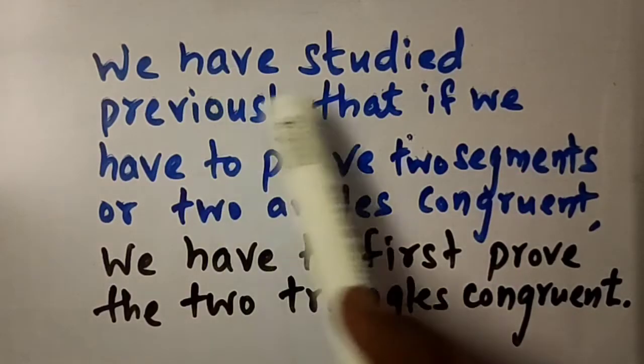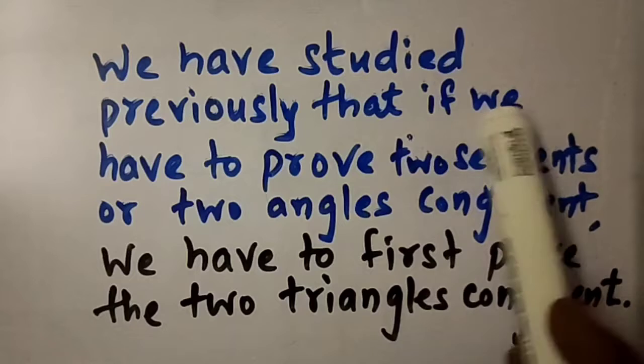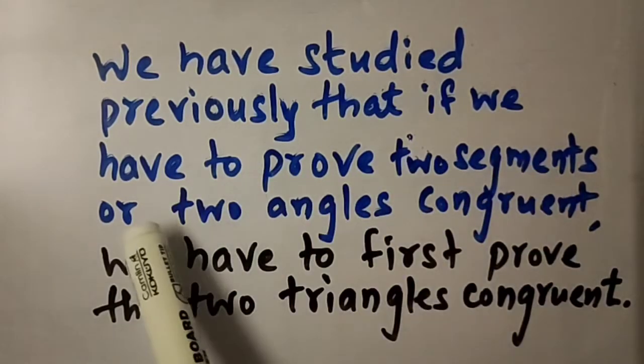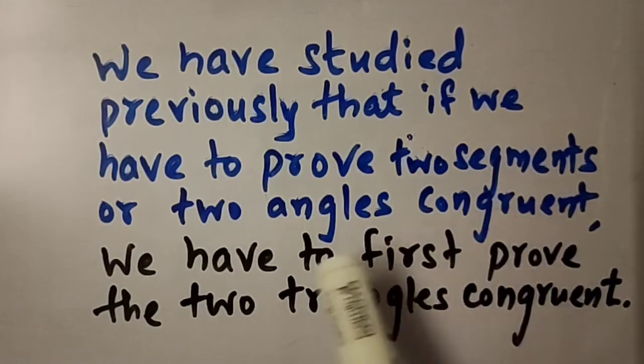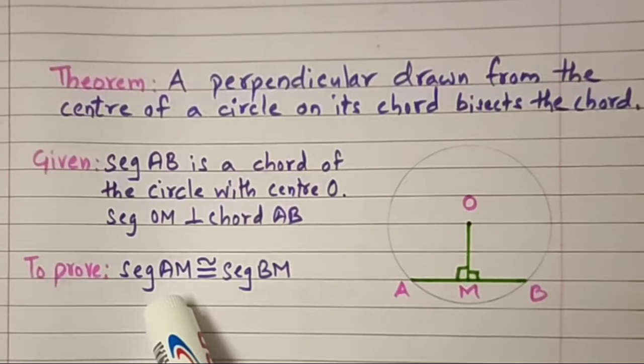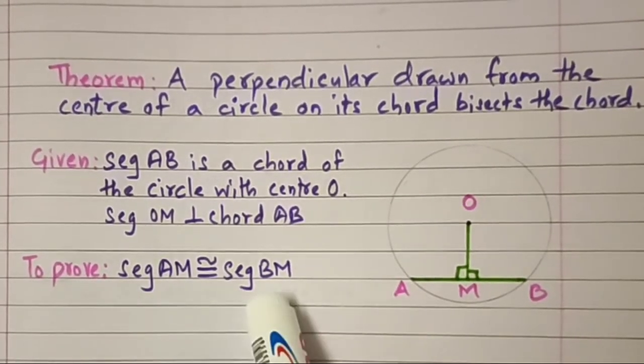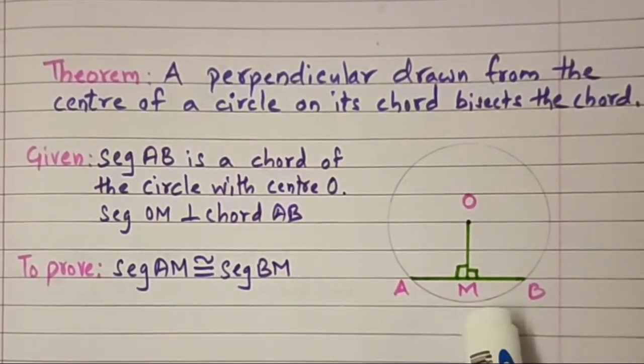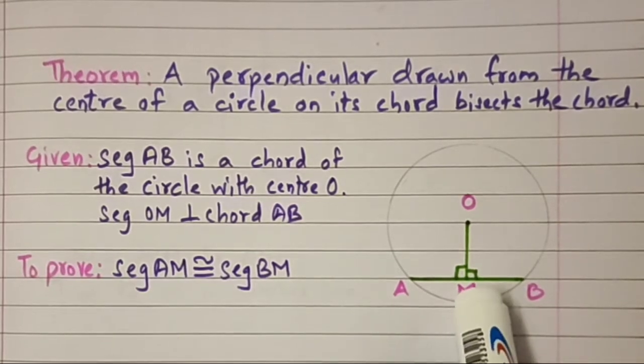Children, we have studied previously that if we have to prove two segments or two angles congruent, we have to first prove the two triangles congruent. So since here we have to prove two segments congruent, we have to prove two triangles congruent. Actually we don't have two triangles here.